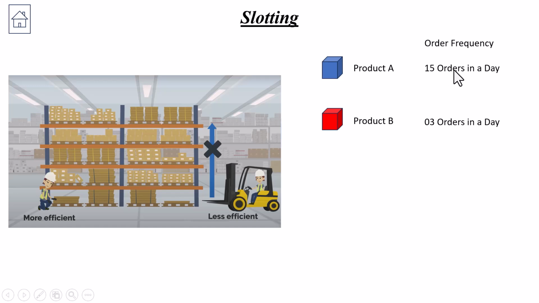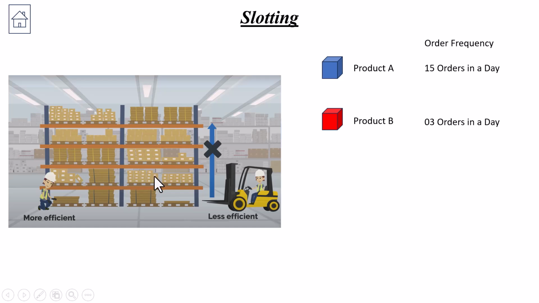It's like 15 orders a day for product A, and for product B we are getting only 3 orders. So it's always recommended, as you are getting more orders for this product, to place this product in the lower shelves, lower levels, so we can pick efficiently whenever we receive an order.